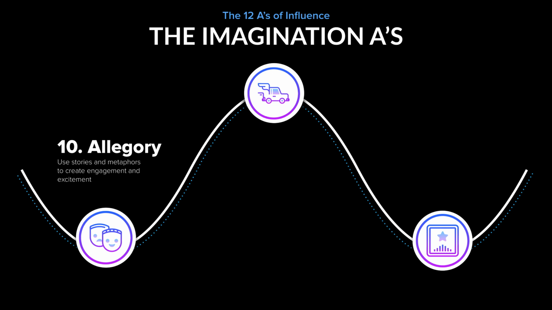So ultimately, what allegory does is it shows a future that's better than the present moment through sharing a story or a metaphor that is relatable to the person that we're communicating with.